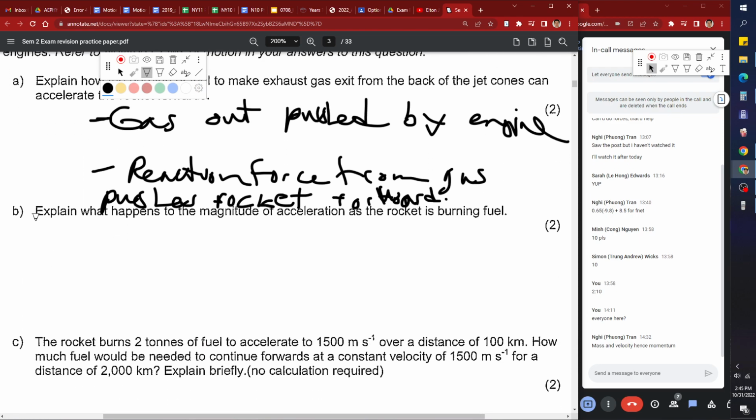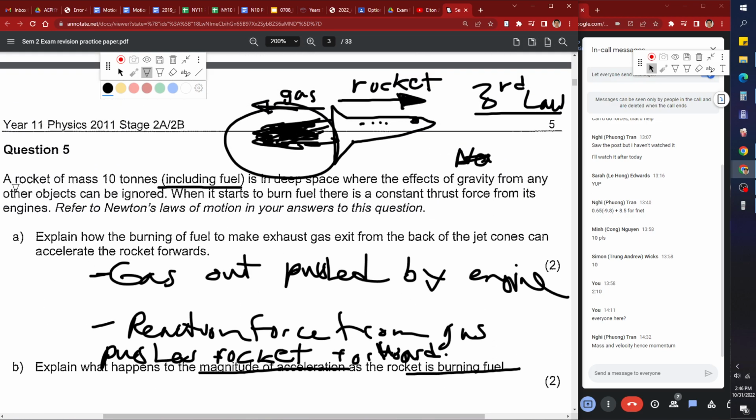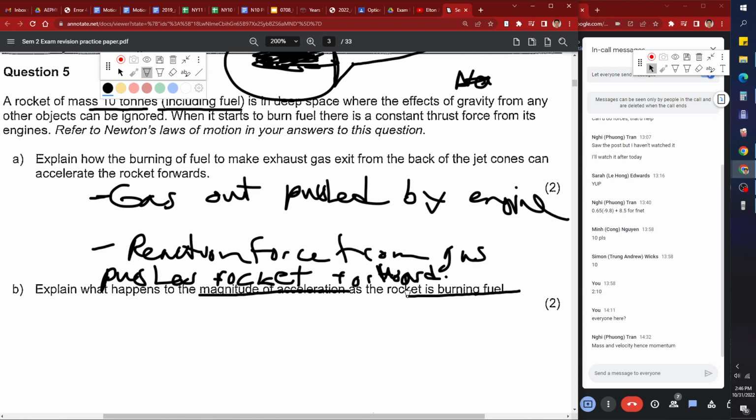Explain what happens to the magnitude of the acceleration as the rocket is burning fuel. So there it is again. Going back to that, the mass of the rocket is 10 tons, including the fuel. If we were looking at this, it's asking about acceleration and about the burning of the fuel.